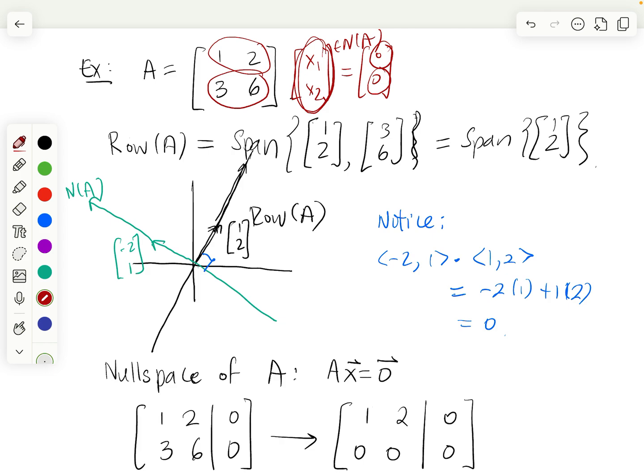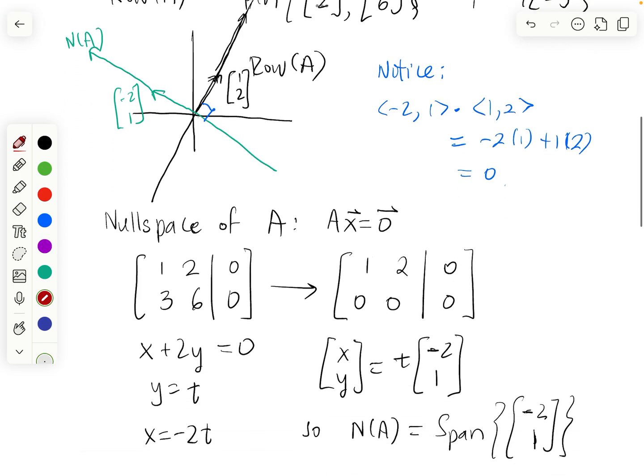So that gives you some clue that, yes, if you have a vector in the null space, it's going to be orthogonal to the rows of A. And it turns out that if you're orthogonal to the rows of A, you're going to be orthogonal to every vector in the row space of A. So every linear combination of the rows.